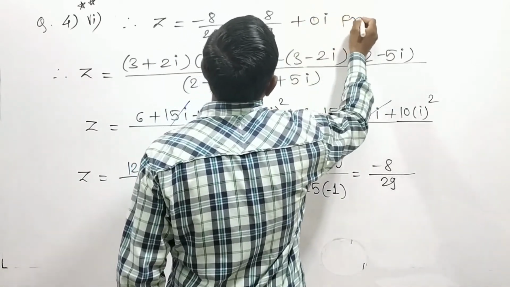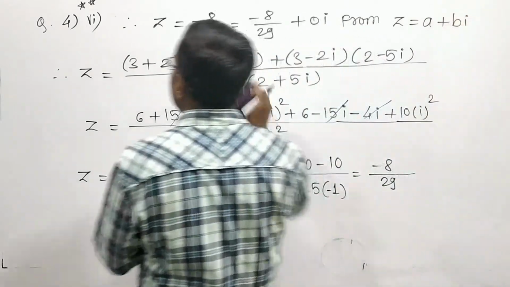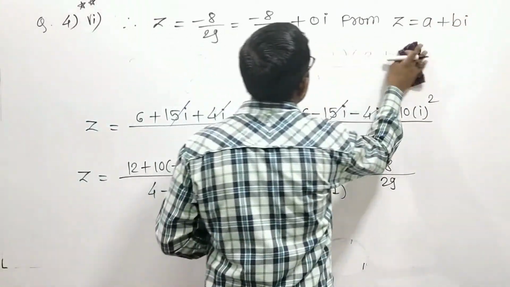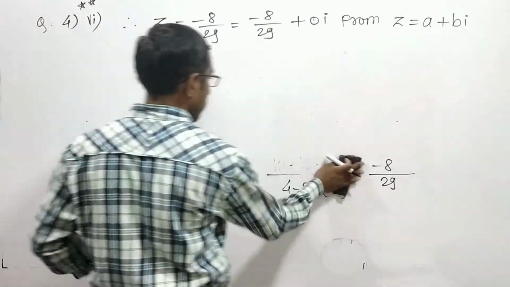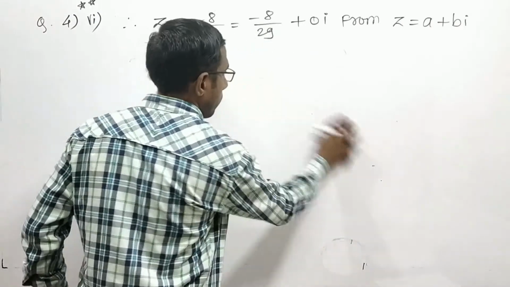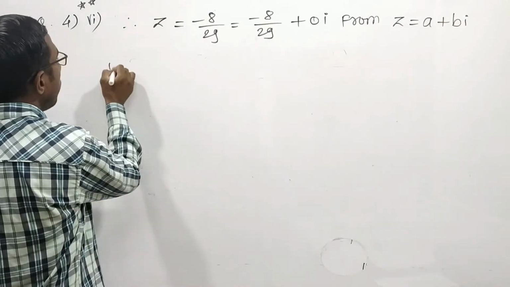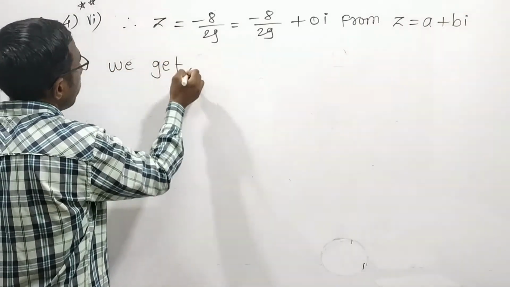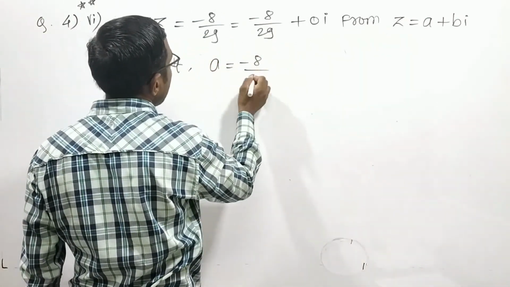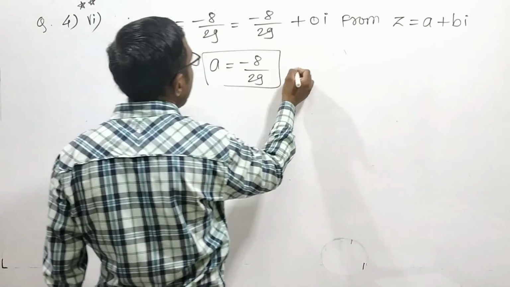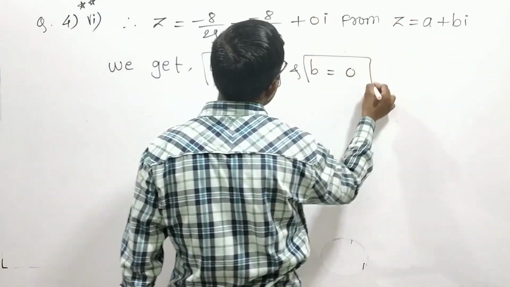And now, from z is equal to a plus bi, we have a, the real part, a as minus 8 by 29, and b, what is b? It is the imaginary part, which is equal to 0.